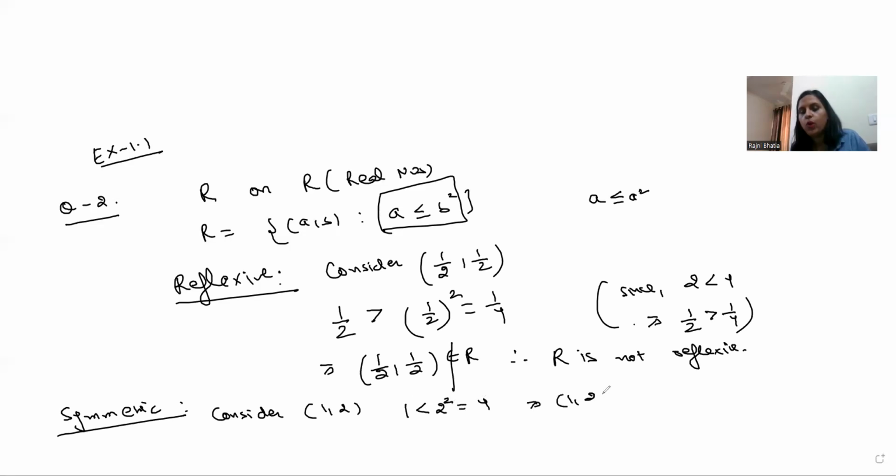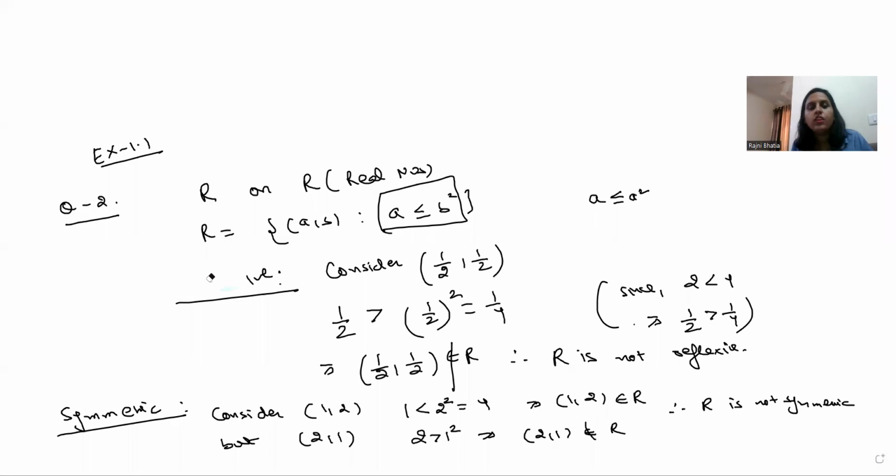This implies (1, 2) satisfies the condition of the given relation, and therefore (1, 2) belongs to R. But if we consider (b, a), which is (2, 1), 2 is greater than 1's square. This implies (2, 1) does not satisfy the relation, and therefore we can say (2, 1) does not belong to R, and therefore the relation is not symmetric.